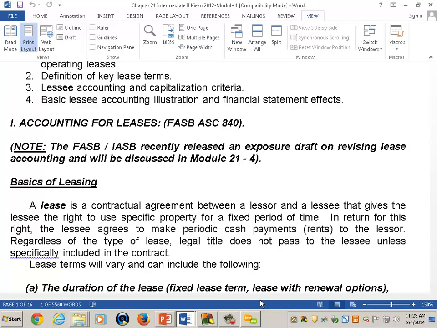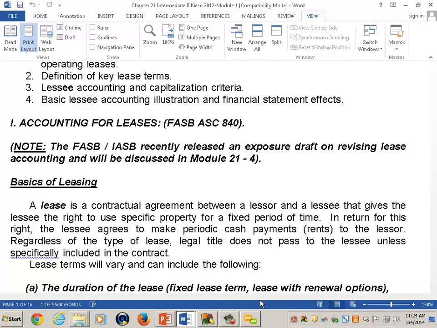So whether or not you have a leased asset and a lease liability. Whether or not you report that, and that's the question.